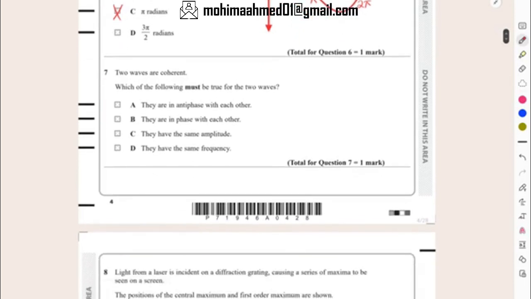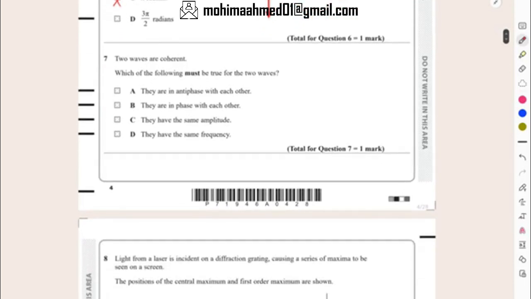Two waves are coherent. Which of the following must be true for the two waves? Okay. For coherent waves, for example, if I draw two waves, this is one wave and this is another wave, right? If they are produced from one single source, these two waves can also be incoherent. They might be in phase at some positions and in antiphase at some positions.